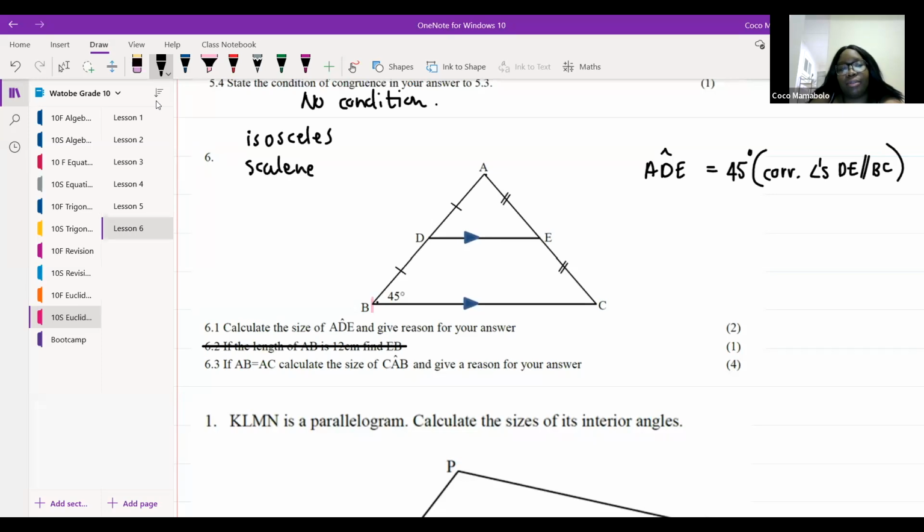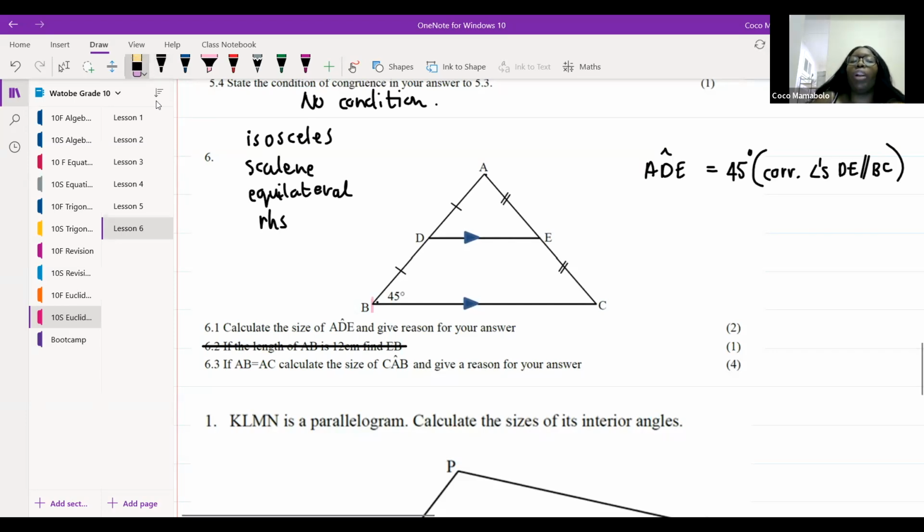What else? Equilateral triangle. Good. Anything else? An RHS triangle. Don't forget the right angled triangle. Okay, cool. These are all of them.